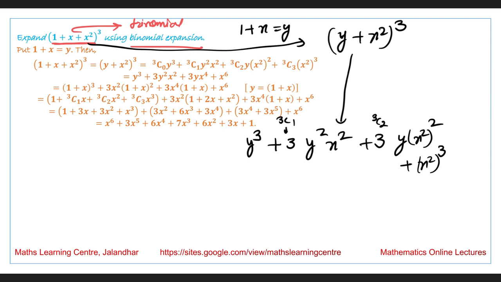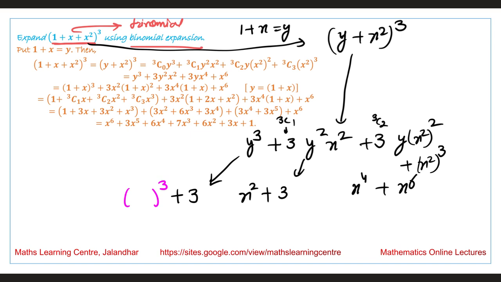Now if we substitute the value of y over here, the first term is y^3, then 3y^2x^2, then 3yx^4 plus x^6. The value of y is 1 + x, so y^3 is (1 + x)^3, y^2 is (1 + x)^2, and y is 1 + x.